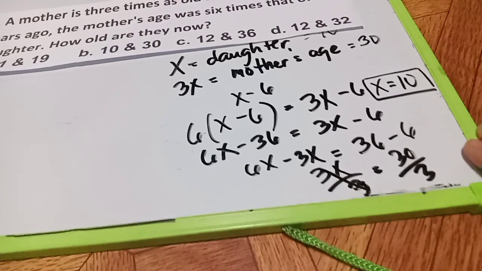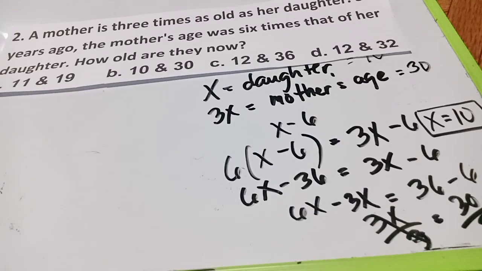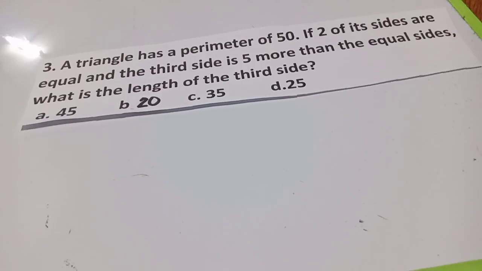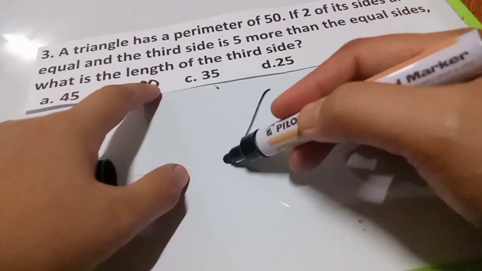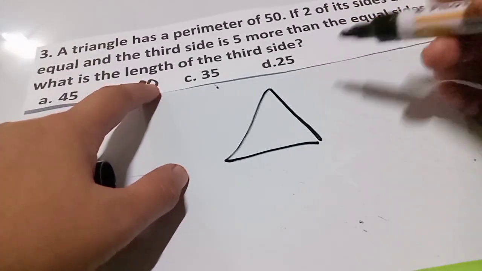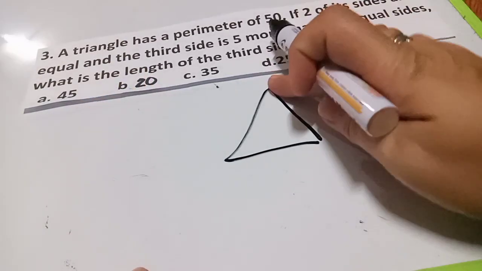Okay, let's proceed to number 3. A triangle has a perimeter of 50. If 2 sides are equal and the third side is 5 more than the equal side, what is the length of the third side? Take note, guys, if this is the triangle, 2 sides are equal.